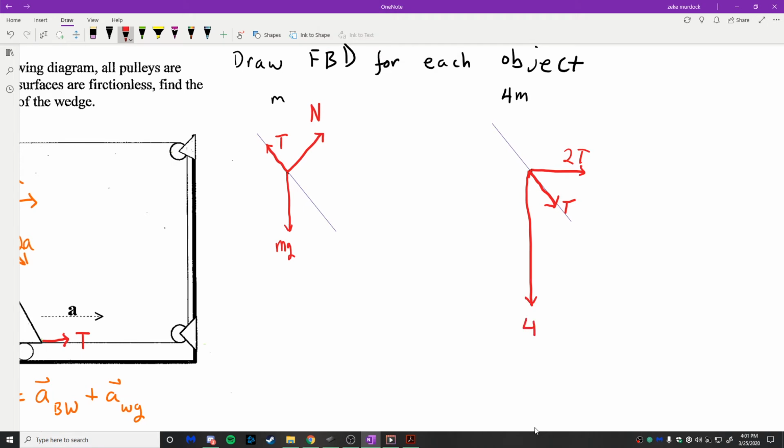There's your 4mg. And then there's a normal force. This normal force here has to react back on the wedge too. And the normal force from the ground goes straight up. That looks okay-ish. Those are all the forces acting on the wedge and all the forces acting on the block M.